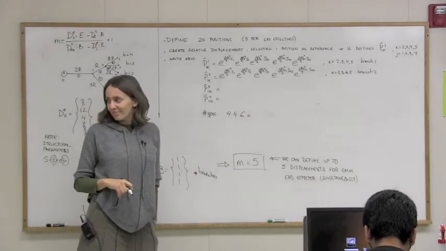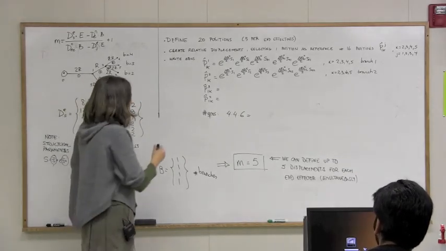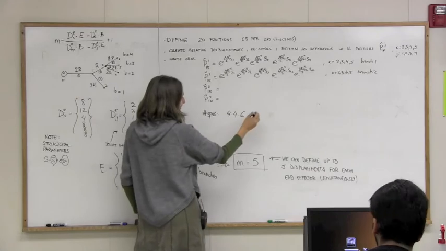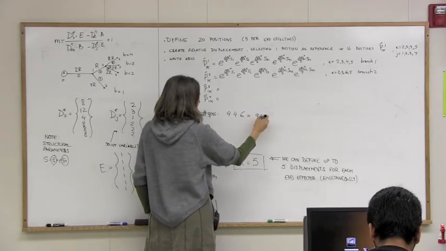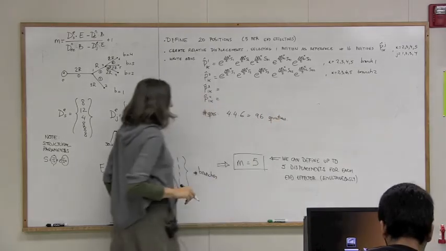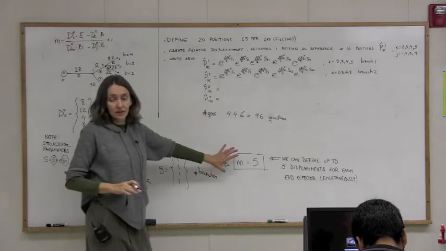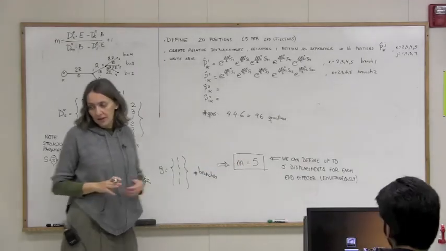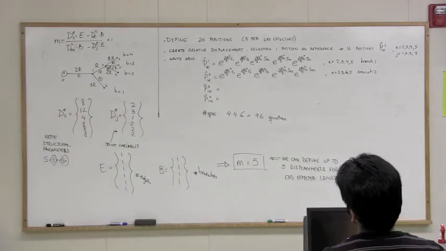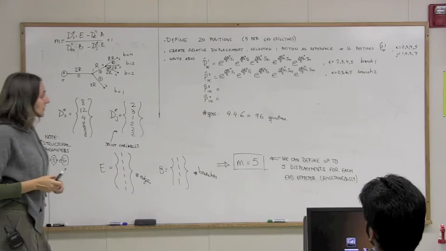What is that? Ninety-six equations. 96 equations. This is assuming that this number is correct. We need to check the subgraphs, okay? We will check that next day. 96 very nonlinear equations. Yes, go ahead.